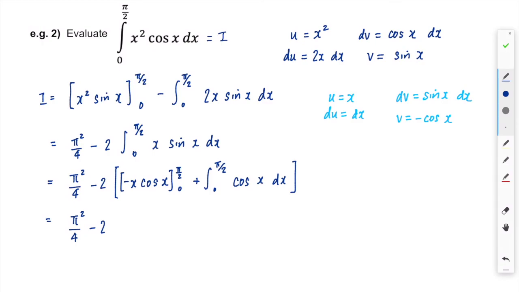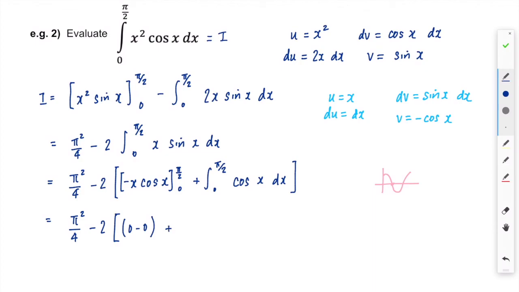Substituting pi over 2 into the expression, cos of pi over 2 is 0. So in this first substitution I have 0 minus, subbing in 0, also 0. So that's gone entirely. And then let's integrate.